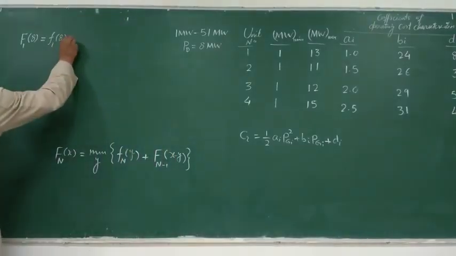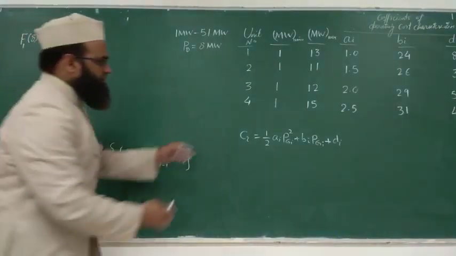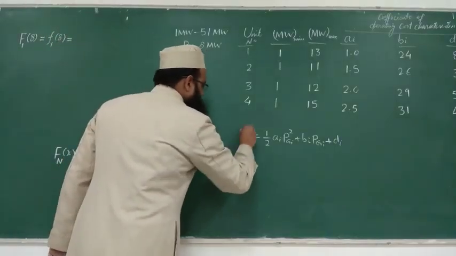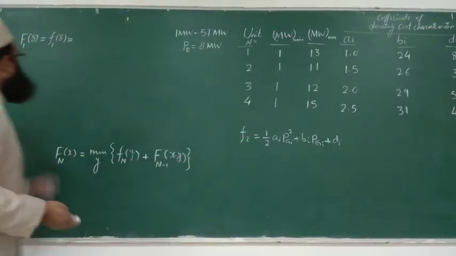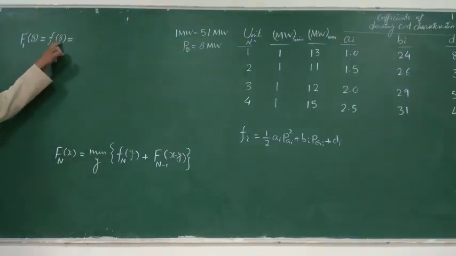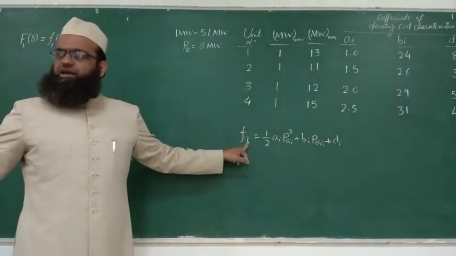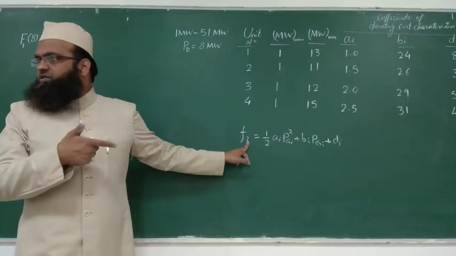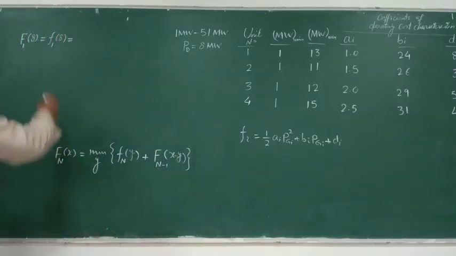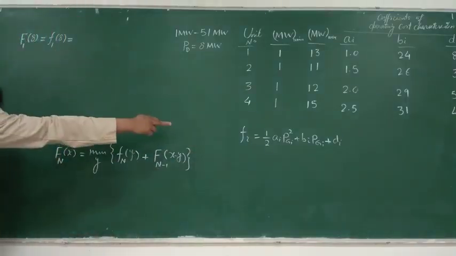And this F18 is nothing but, it is better to write Fi. We have represented this as Fi, the cost of generating 8 megawatt by the ith unit. What is this? So instead of Ci, here we will represent Fi. Fi is the same as Ci. So what is the value of this? So we have Fi as this.